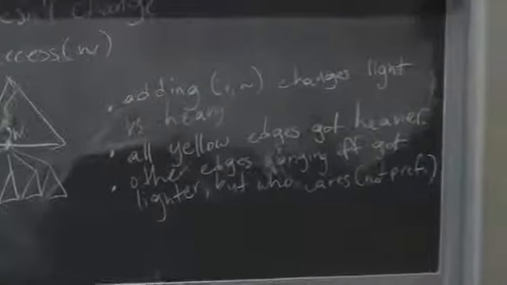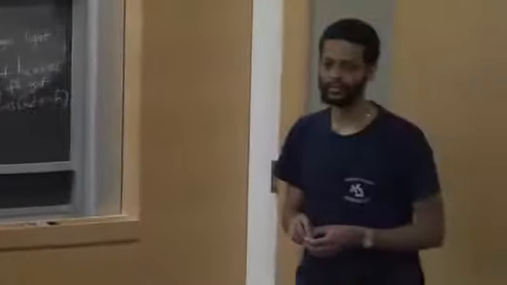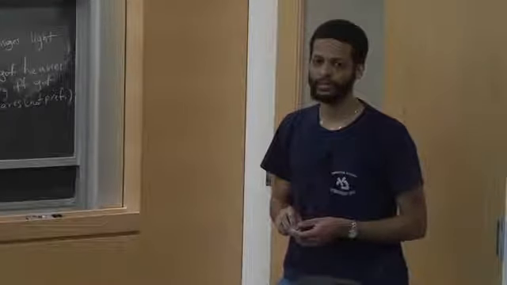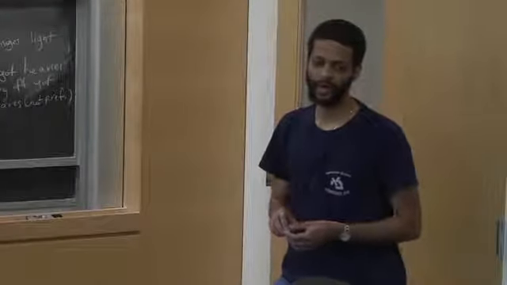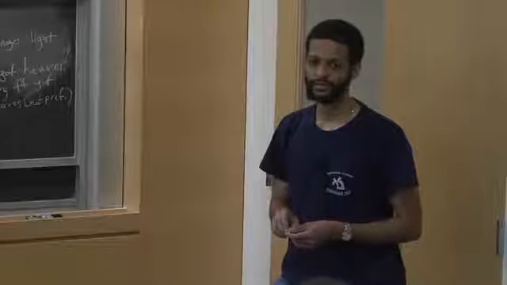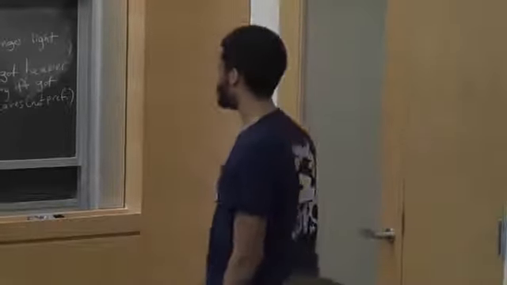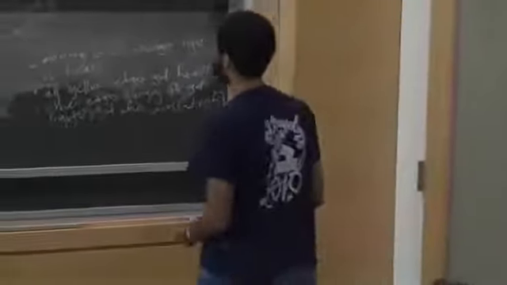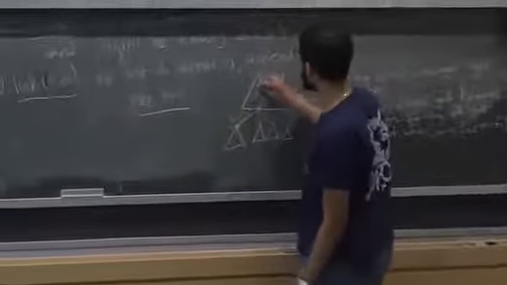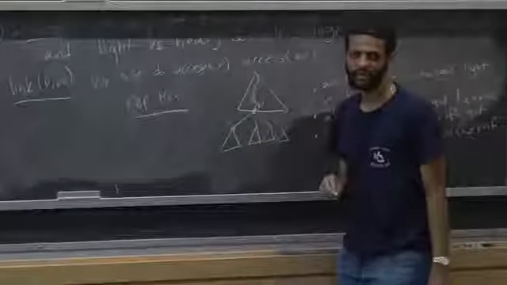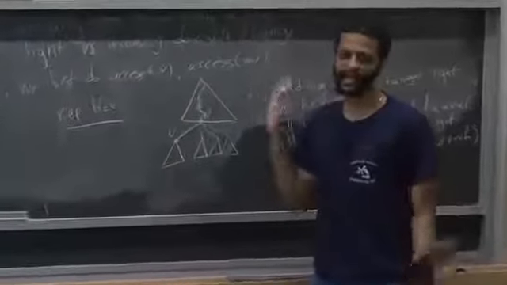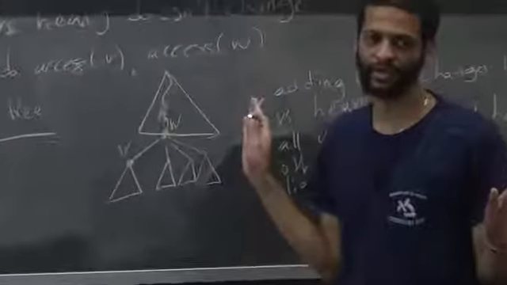Yeah. So you say all the preferred edges got heavier. Does that mean they're necessarily heavy? No, they might not be heavy. So couldn't we have a light edge creation that's preferred? So this was already made preferred by the access. So the access paid for that.